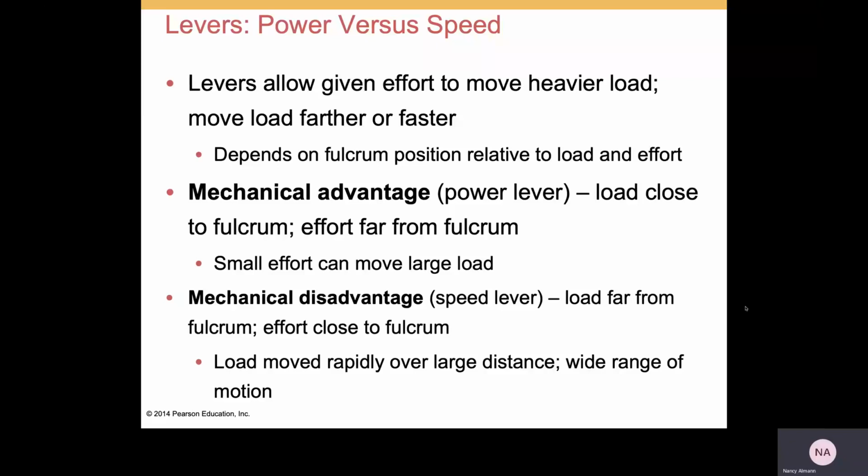When you talk about a mechanical disadvantage, and you're talking about a speed lever, the load is going to be far from the fulcrum, and the effort will be close to the fulcrum. So the load is moved quickly over a fairly large distance, and you have, in essence, a greater range of motion.